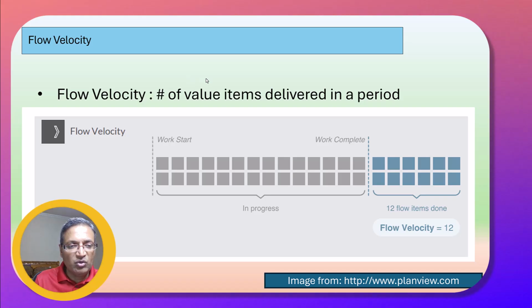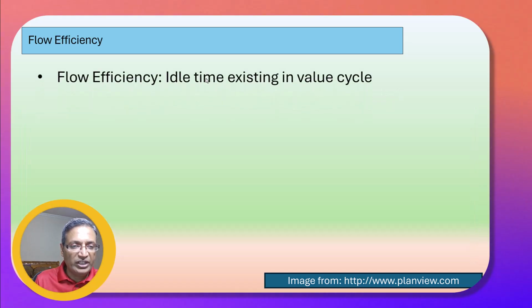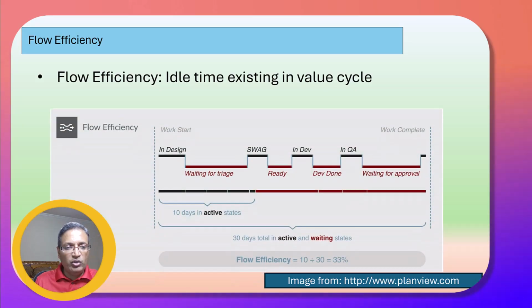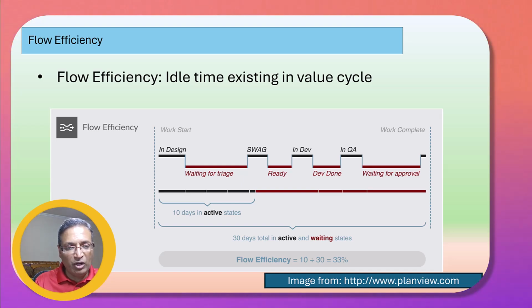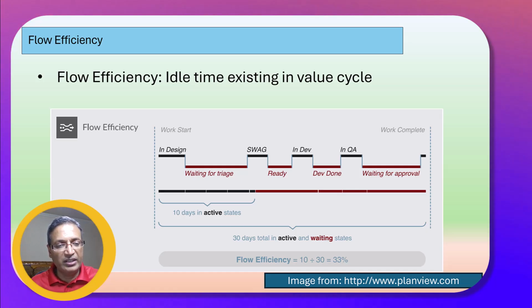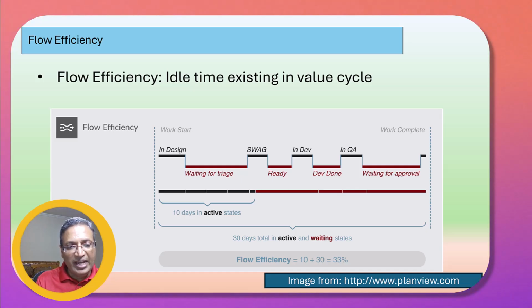The next metric was flow efficiency. Flow efficiency highlights the idle time that exists in your value delivery chain. This diagram shows that as you build the product, you go through the design phase, you do development, you do testing and deploy. During all of this, there are different wait times, and it's very hard to measure those wait times.